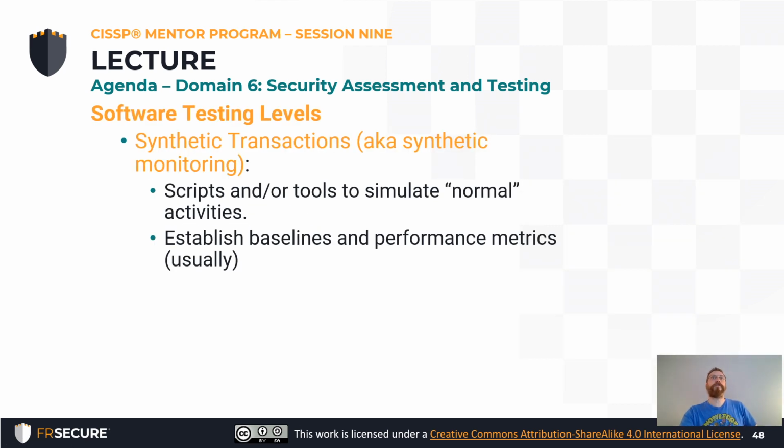All right, so synthetic transactions. Yeah, we're just going to script to simulate normal activity. Baseline performance metrics. I know we use this for performance testing, load balance or load testing on web servers. Right.